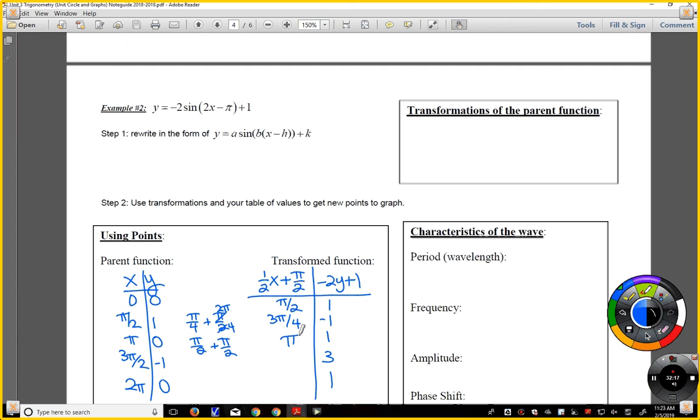Okay? 3 pi over 2 times 1/2 would make 3 pi over 4, and then we're going to add pi over 2 to that. Okay, so then again, to add these, we need common denominators. So I want this to be measured in fourths, which means I want the numerator to be 2 pi. So 3 pi over 4 plus 2 pi over 4 will give me 5 pi over 4.